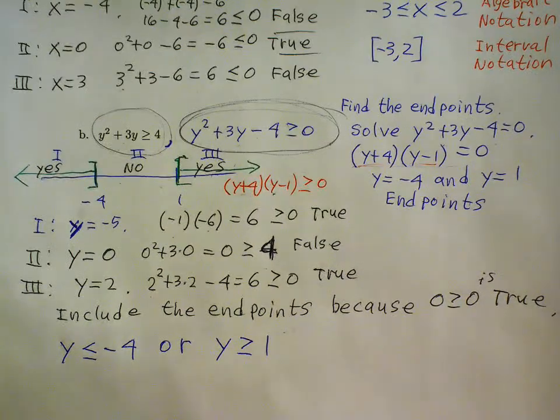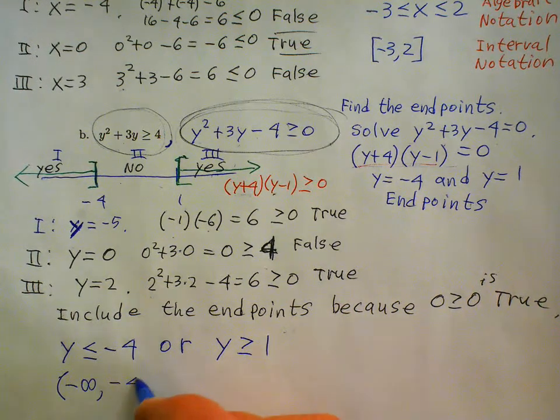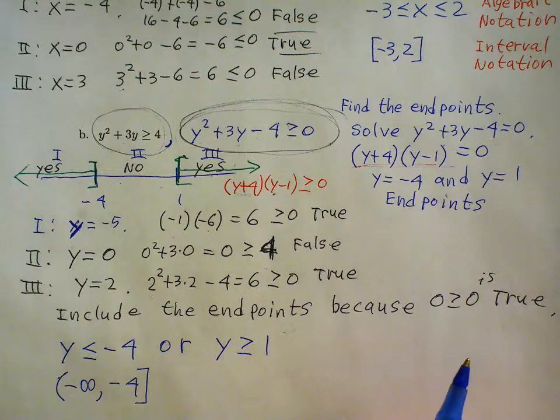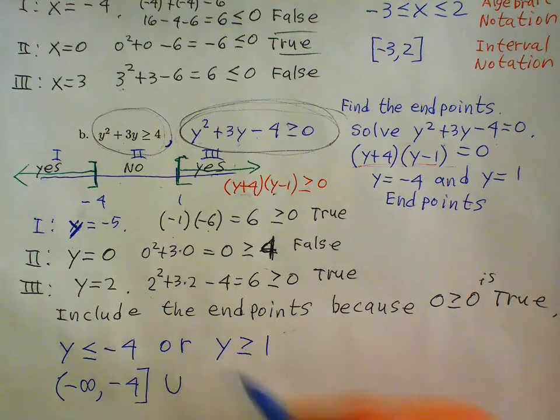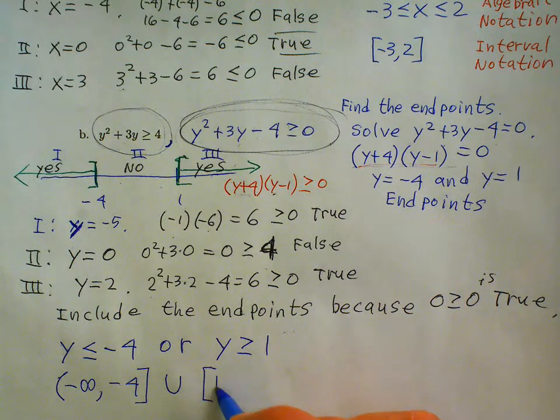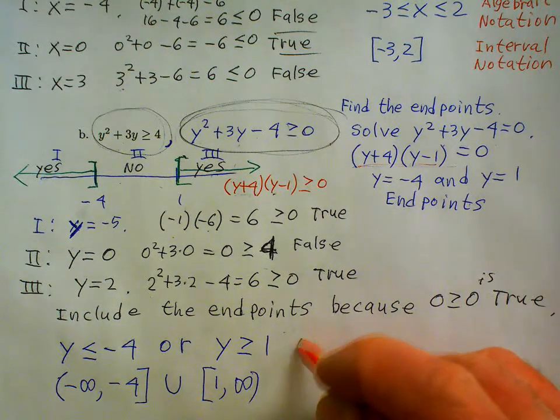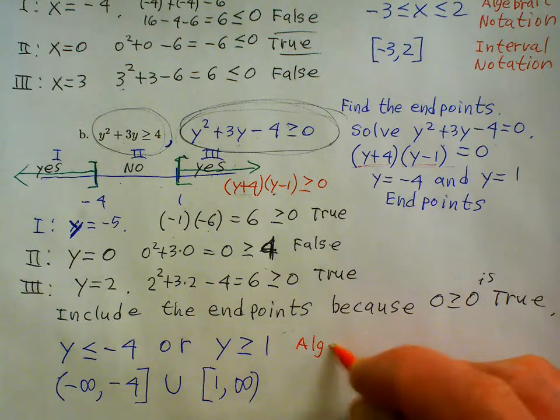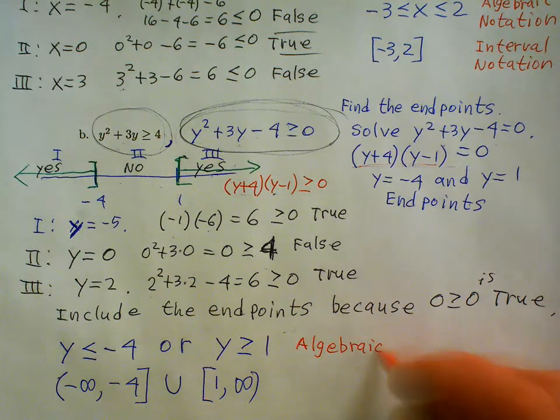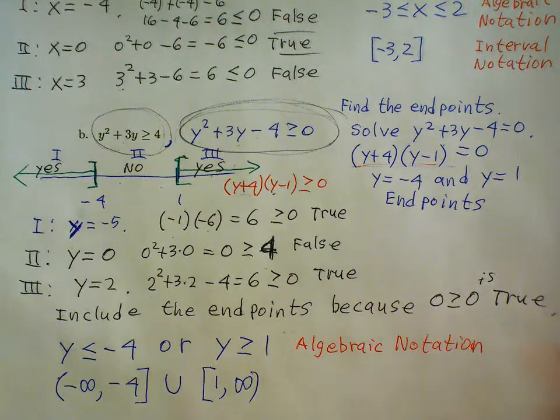And the interval notation, parenthesis, -infinity, comma, -4, bracket. And then the union symbol and y greater than or equal to 1 is a bracket 1, comma, infinity. So the top one is the algebraic notation. And the second one is the interval notation.